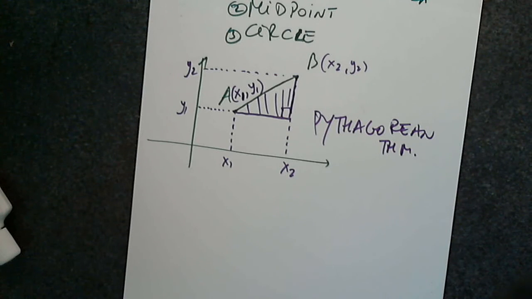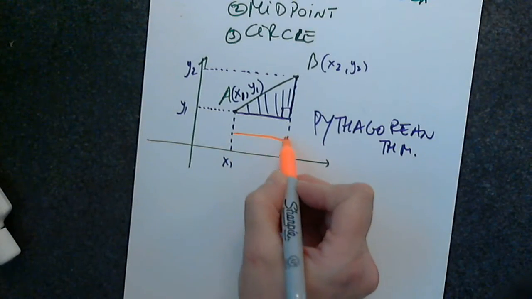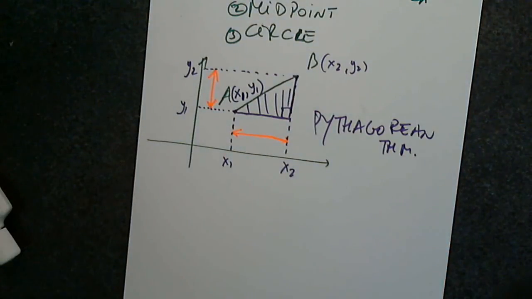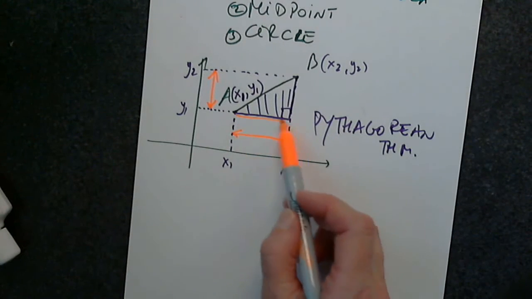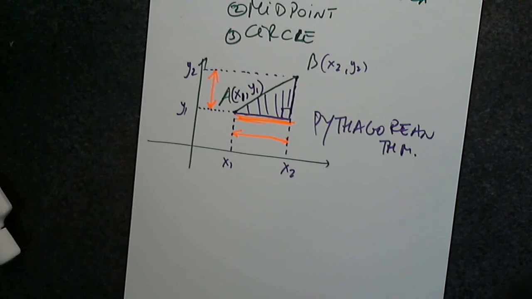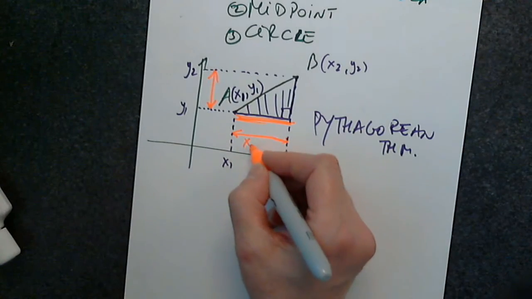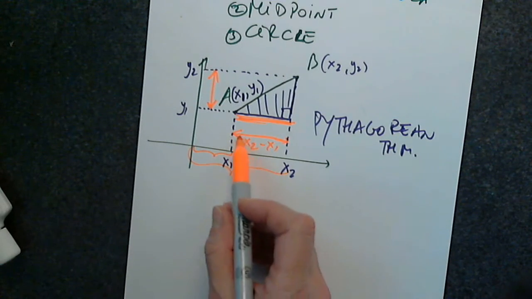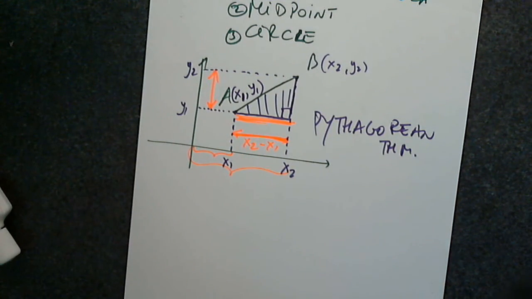In this triangle. And you can say, yes, but give me the length of the 2 legs. Well, actually you will. So what is the measure of this leg? X2 minus x1. X2 minus x1 is this distance.